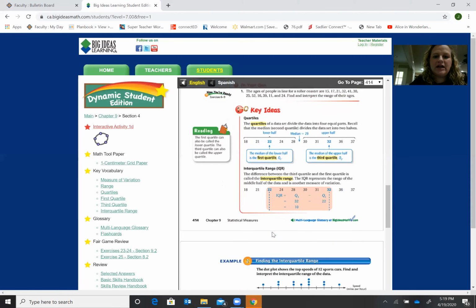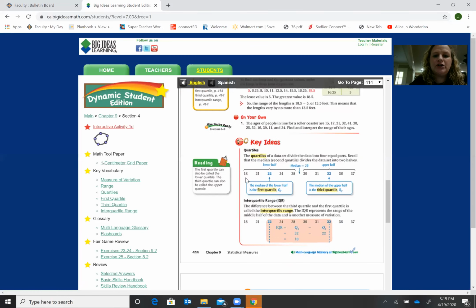Okay, so let's go back to this. In the example that they're showing us, it's 18, 21, 22, 24, 28, 30, 31, 32, 36, 37. That's their data list. Then they found the median, which is also called the second quartile.